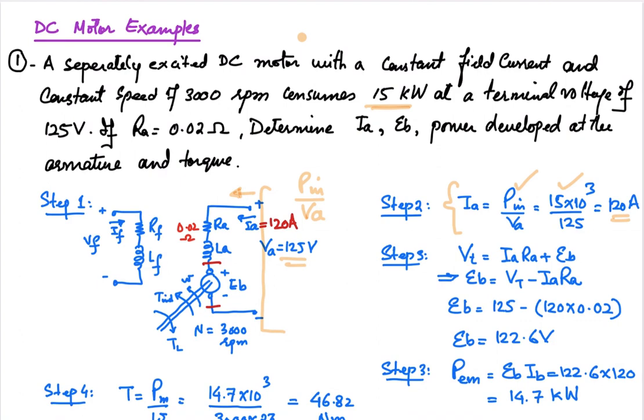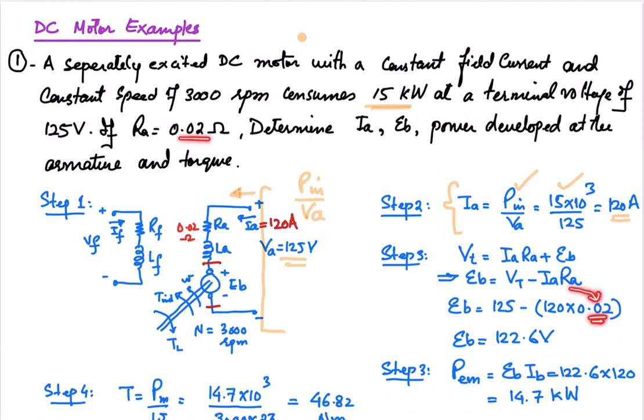The terminal voltage Vt must be equal to the voltage drop across this resistance plus the back EMF: Vt = IaRa + Eb. Rearranging, Eb = Vt - IaRa, and you know the terminal voltage, the current, and the armature resistance.